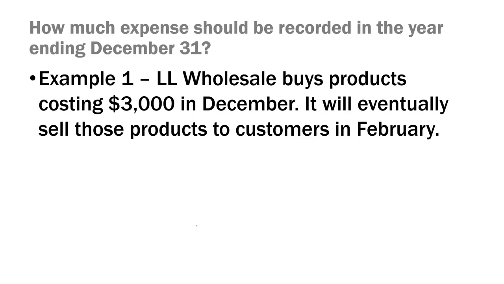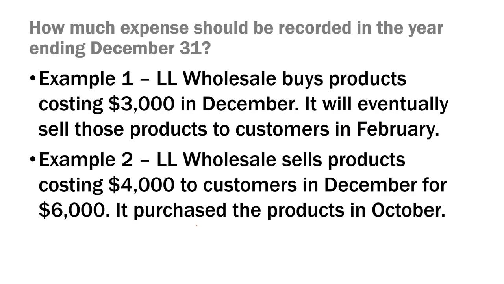So it has an inventory asset sitting on its books in the asset section of the balance sheet. But it doesn't record that inventory as a cost of goods sold expense until the following February when it actually sells that inventory to customers, at which time it will match the costs of the inventory that was sold to the revenues that they generated and are recorded in February.